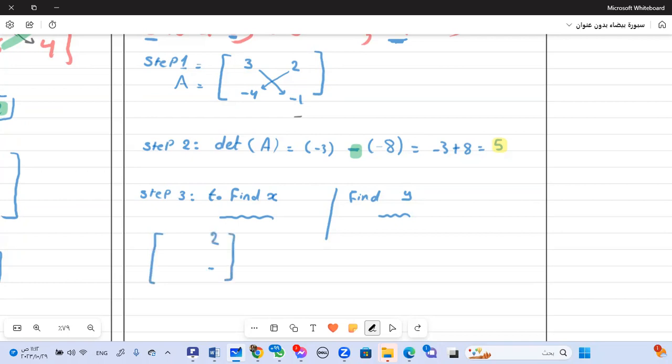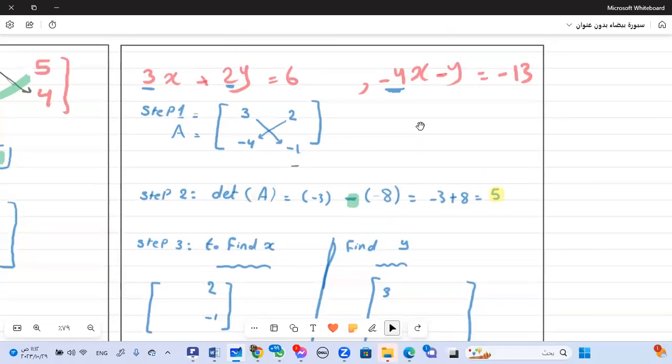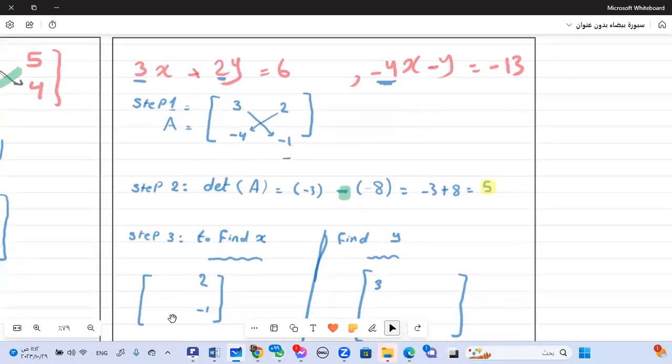2, -1. To find y, we change y and keep x as it is. And if I want to find x, I will change the column x. This represents x and this represents y. If I want to find x, change x.